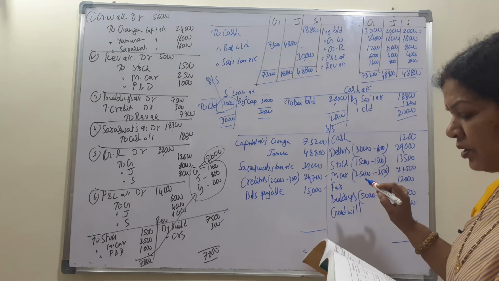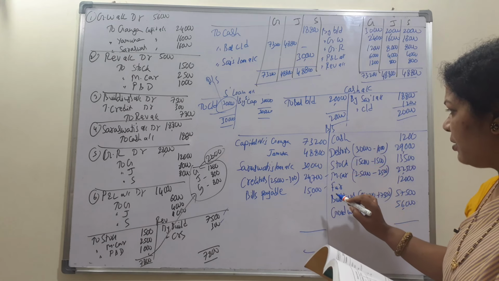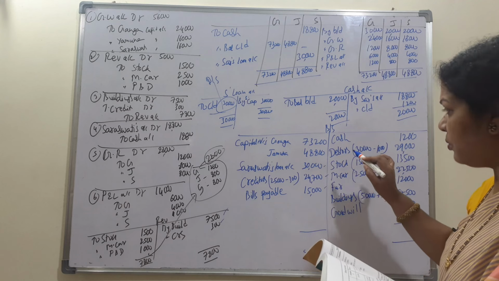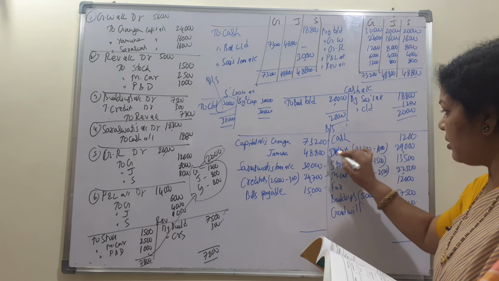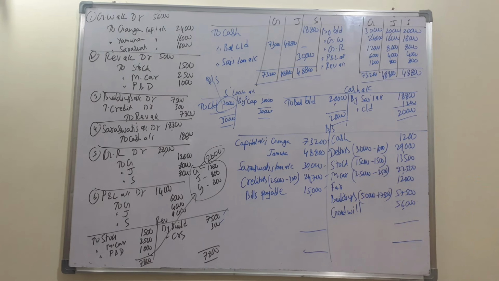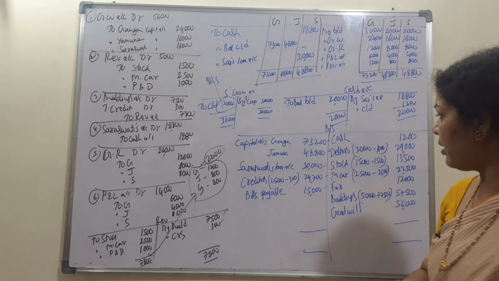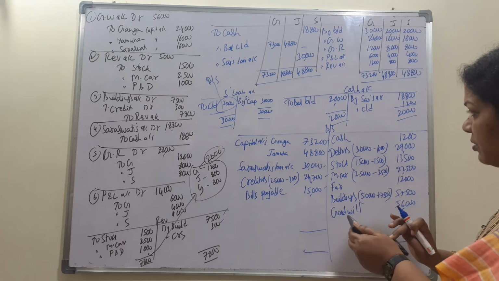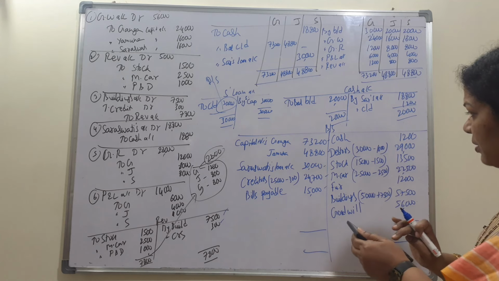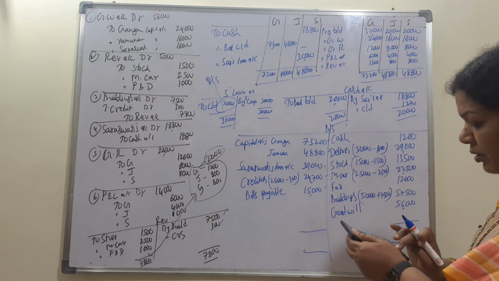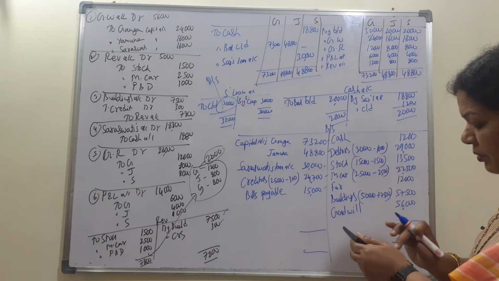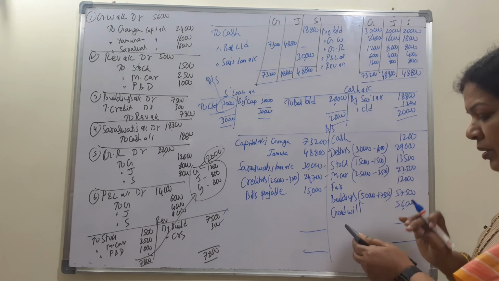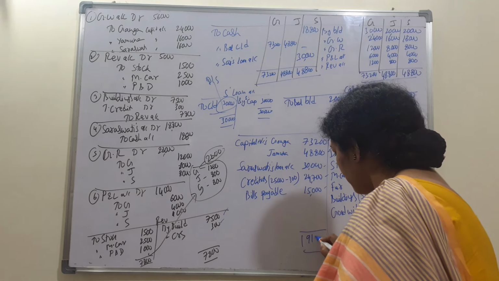Next, creditors 24,700. It's written. Saraswati's loan account 30,000, 73,200, 48,800. That's it. Should get 1,91,700. 73,200 plus 48,800 plus 30,000 plus 24,700 plus 15,000. 1,91,700. This is correct.